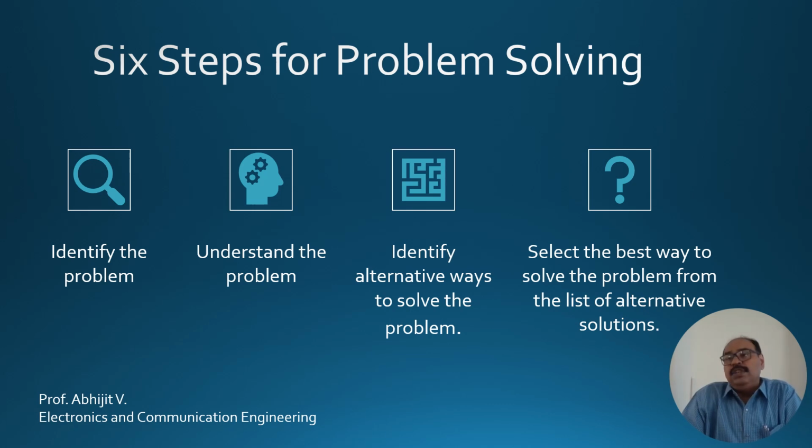What are the different ways? If not this, what is the next? If this does not work, or this has some other problem, what to do with the next? So these are all the different ways. One direct way would be there to solve a problem, and there would be n number of alternative ways.